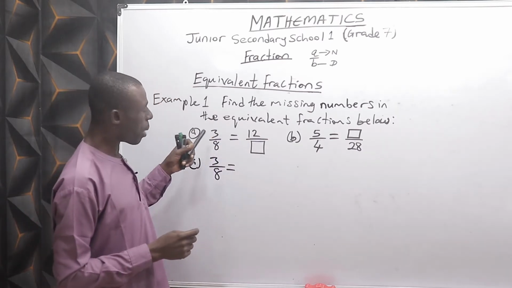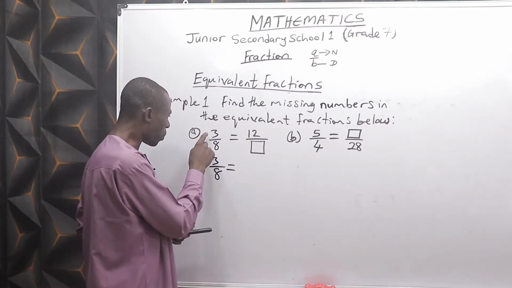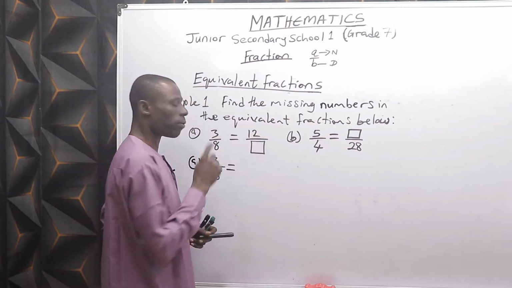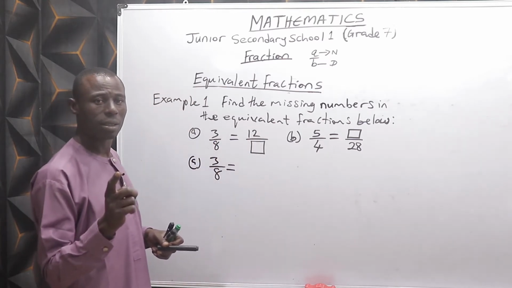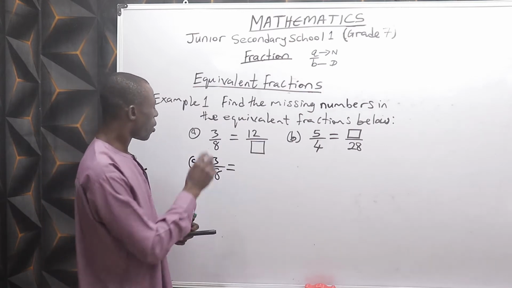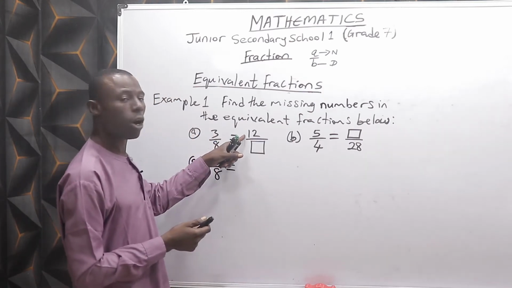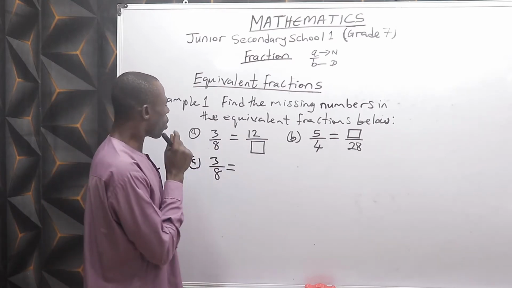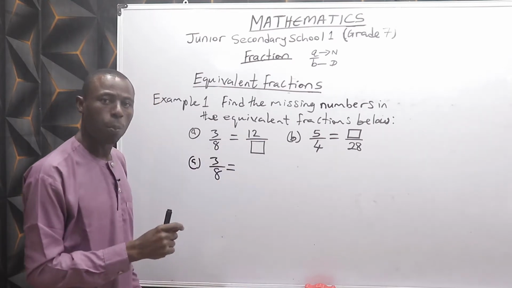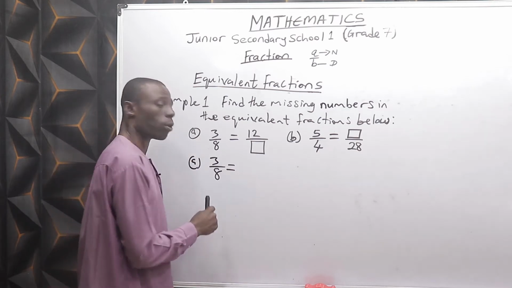You know, this is by multiplication. Something multiplies 3 to let it become 12. And what is that? Good. 4 multiplies 3 to make it become 12. Whatever multiplies the numerator must multiply the denominator.